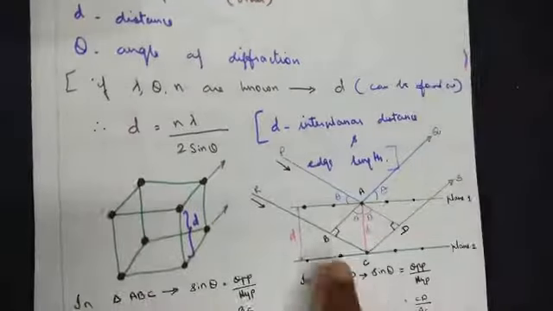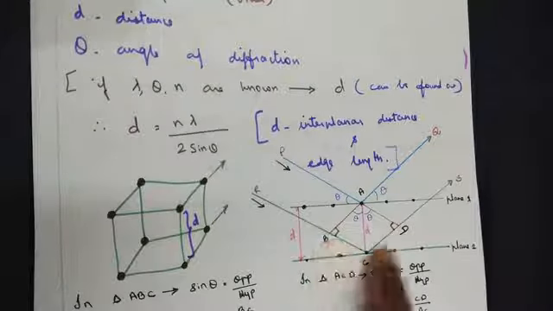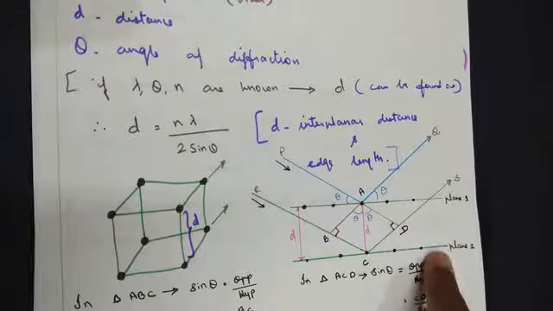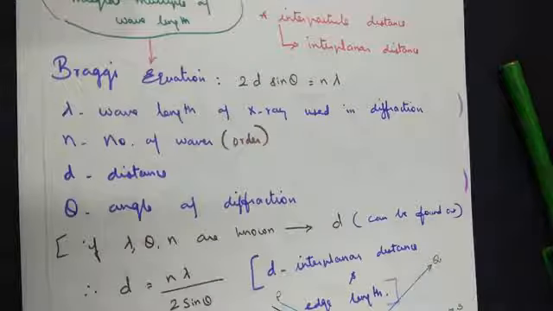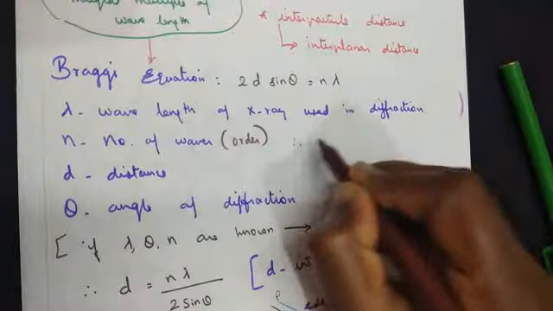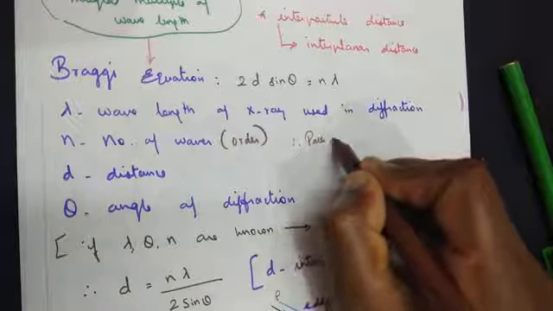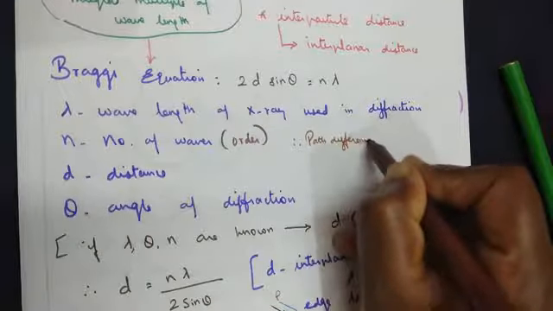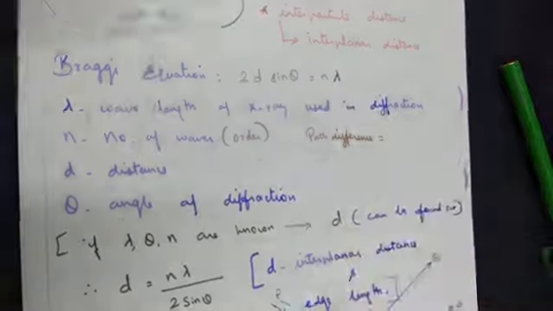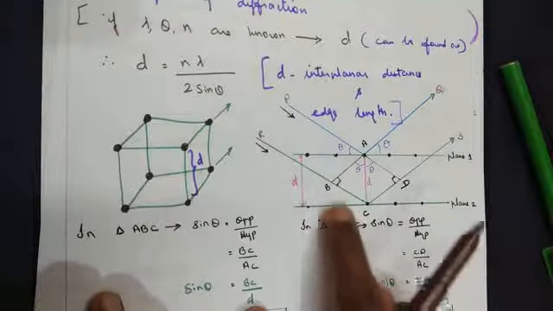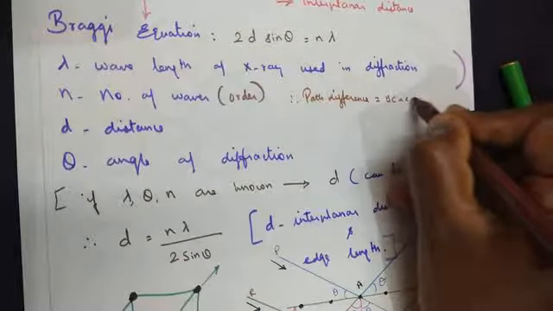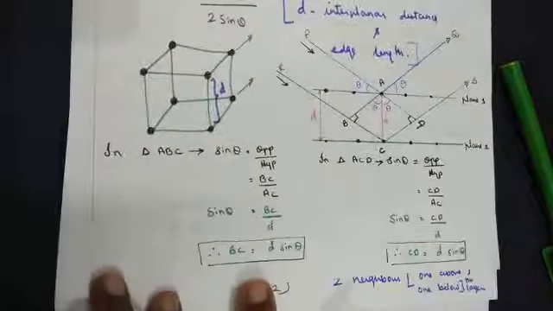Now finally we have to know the extra length travelled by the rays in plane 2. So how shall we calculate it here? Therefore, path difference is equal to the extra length travelled, BC plus CD. What's the value of BC?